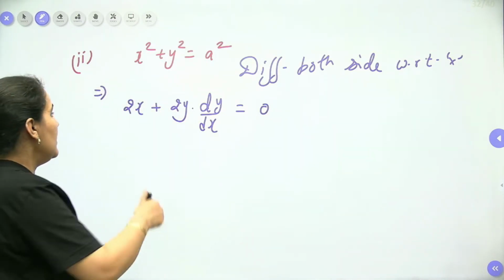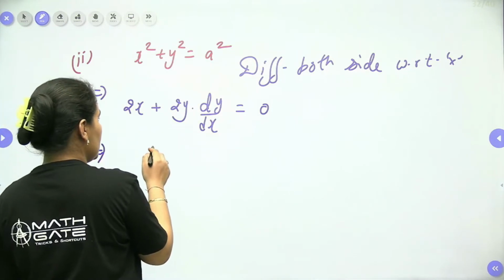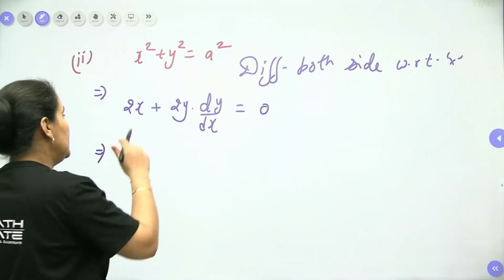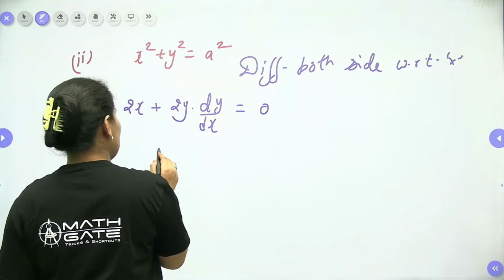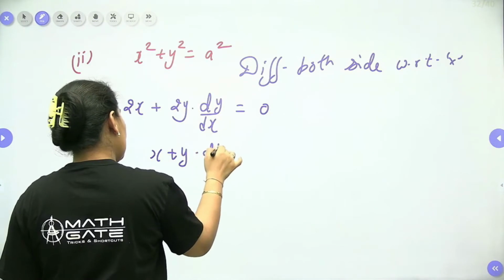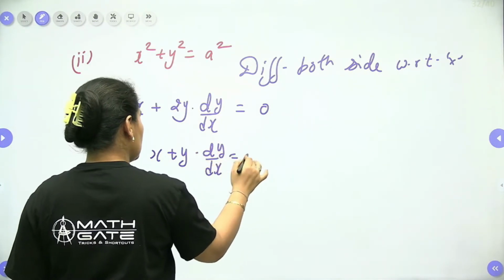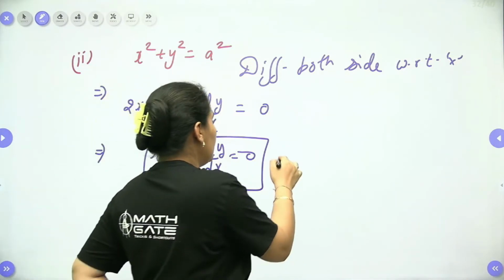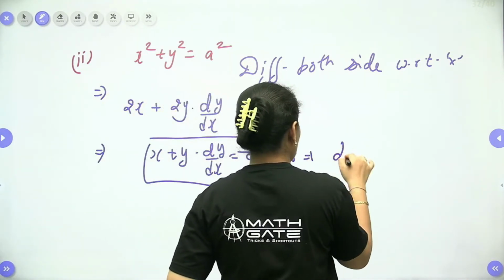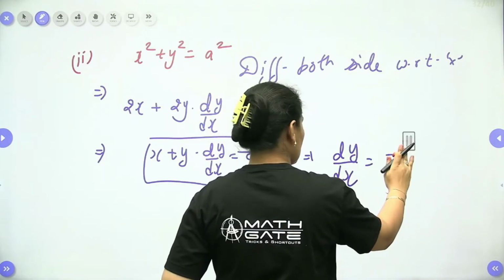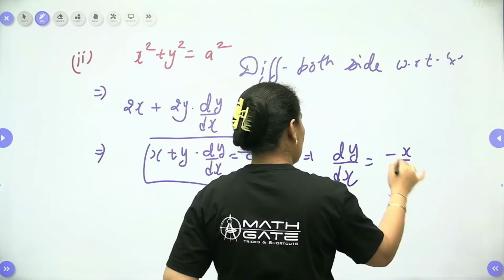So you have to find the differential equation only. Now it's up to you in which form you want to find. You can write the differential equation like this also: x plus y into dy by dx is equal to 0. If you have options, you can write according to the options, or you can write dy by dx is equal to minus x by y.